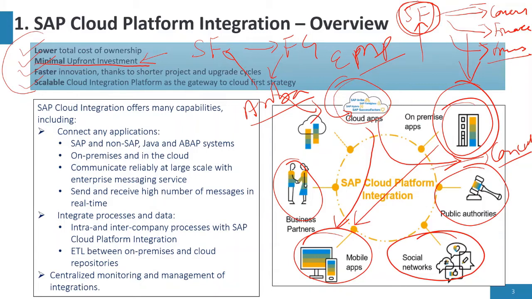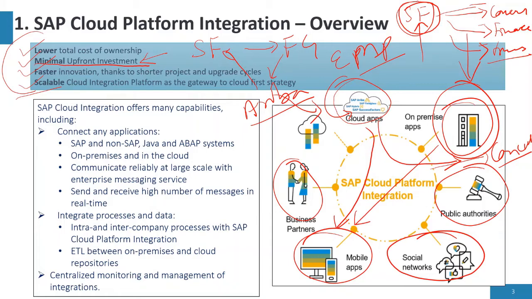That is where scalable comes in, and this is how it is going to help you. So now when someone asks you what is the benefit of using cloud platform integration, you have to remember at least these high level 4 points: lower total cost of ownership, minimal upfront investment, then faster innovations, then it is very easy to scale up.